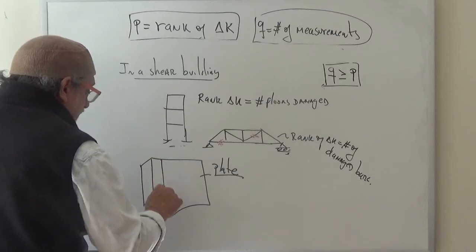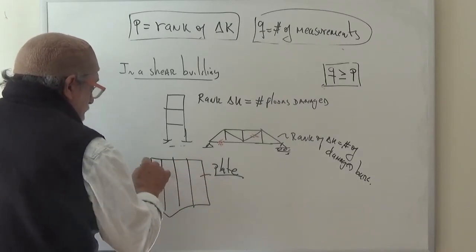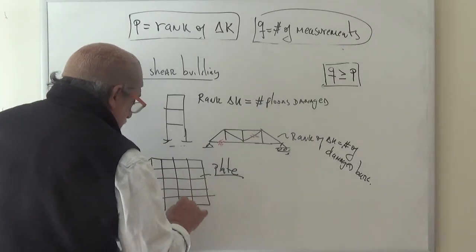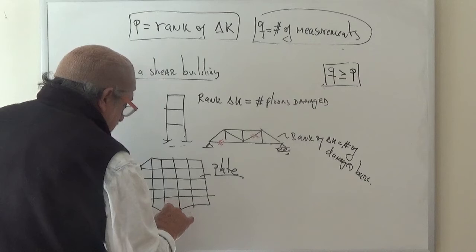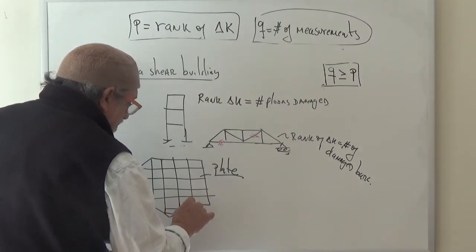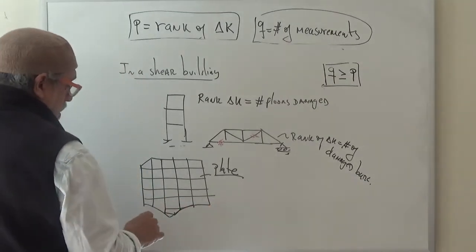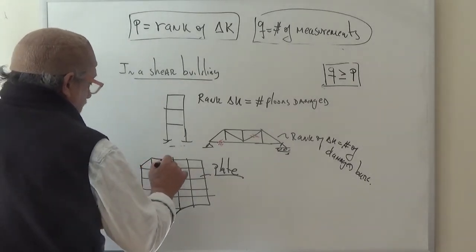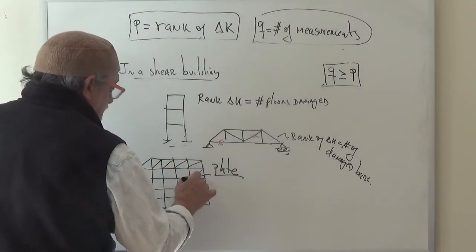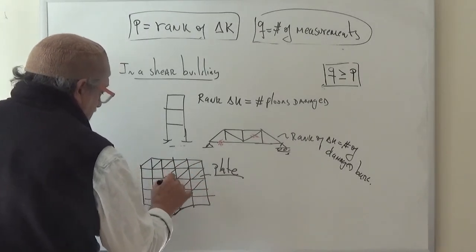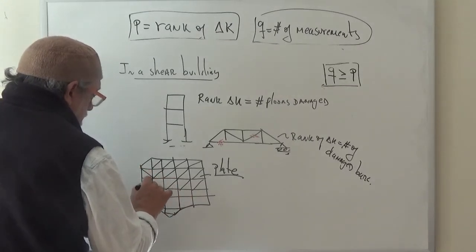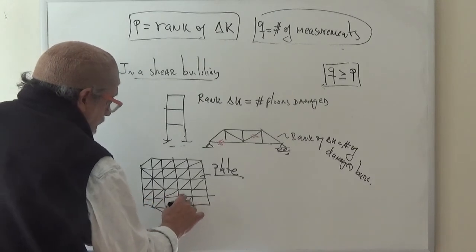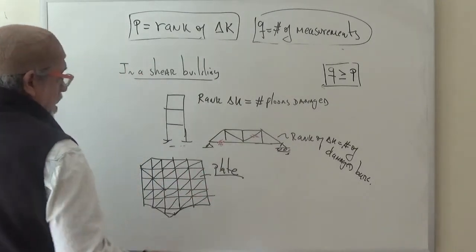So we're going to replace the plate by a finite element model approximation. Our finite element model may be made of triangles. I may have messed it up, but it doesn't matter.